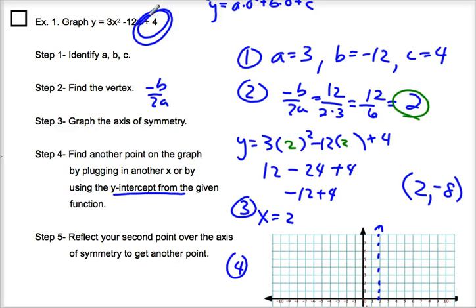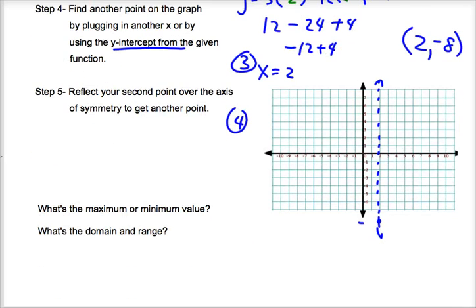If I plug in 0, I get 4. So that would be 0, 4. That's right here. And then I can reflect that over the axis of symmetry. This dot is 2 away from the axis of symmetry, so I can move it 2 over here. And now I've got 3 points, and I can draw my parabola.